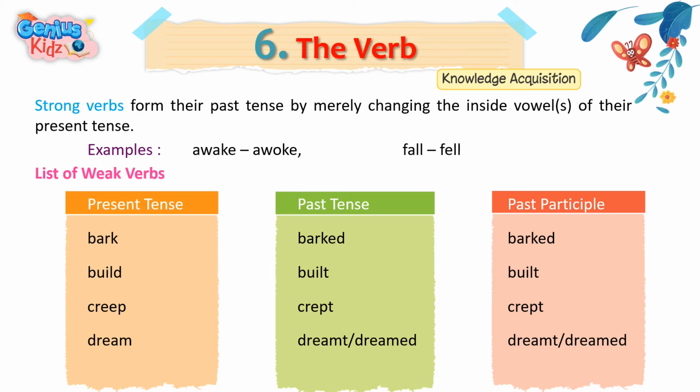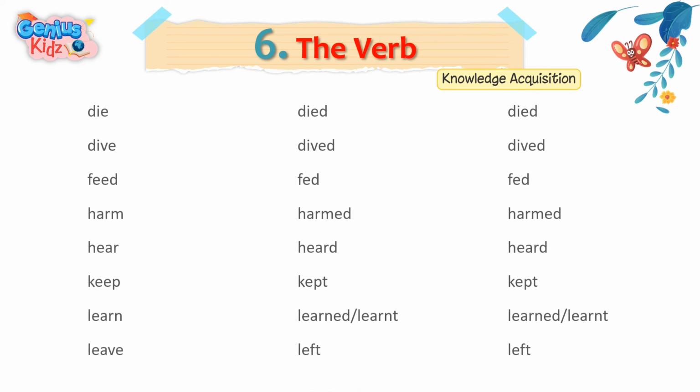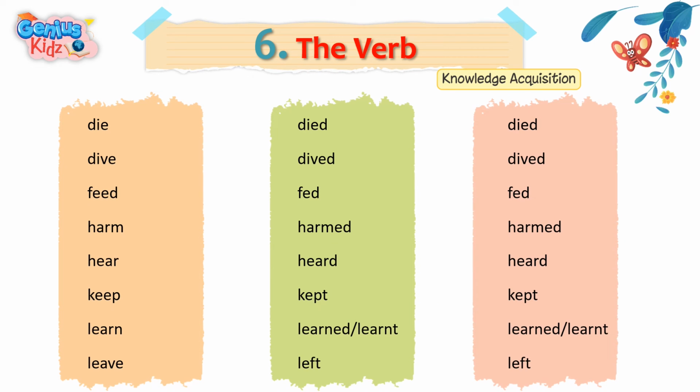List of weak verbs: present tense, past tense, past participle. Bark, barked, barked. Build, built, built. Creep, crept, crept. Dream, dreamt, dreamed, dreamt, dreamed. Die, died, died. Dive, dived, dived. Feed, fed, fed. Harm, harmed, harmed. Hear, heard, heard. Keep, kept, kept. Learn, learned, learnt, learned, learned.